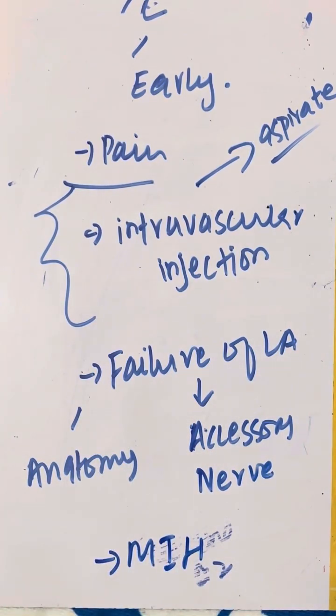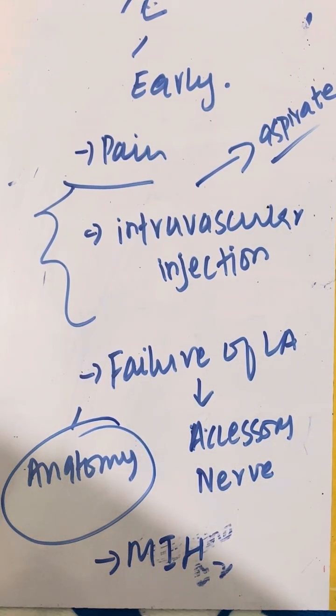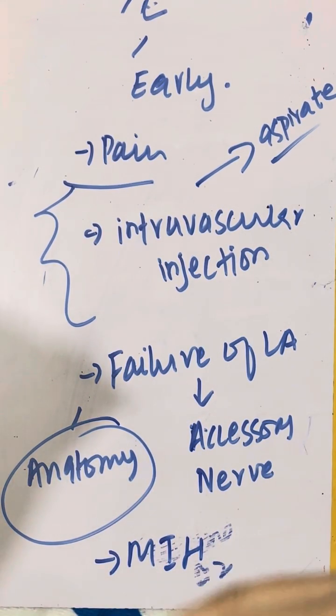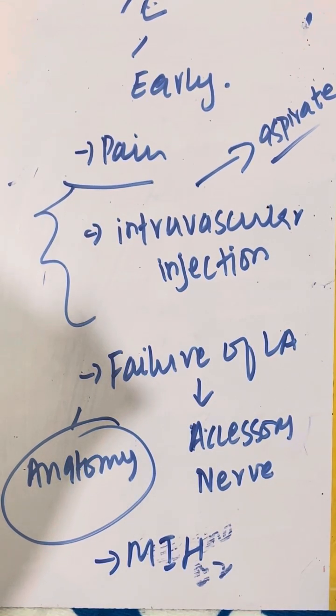These are the three reasons which cause the failure of local anesthesia. Anatomy, because sometimes the zygomatic buttress is present lower, which will not result in diffusion of local anesthesia. So we have to inject the anesthetic agent mesially and distally to the upper first molar zygomatic buttress region.